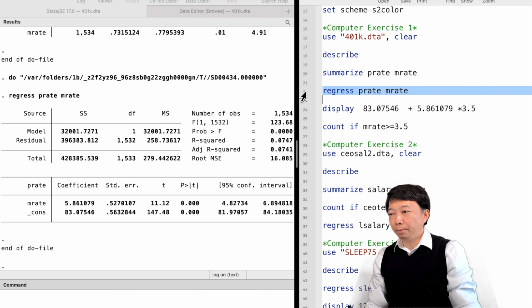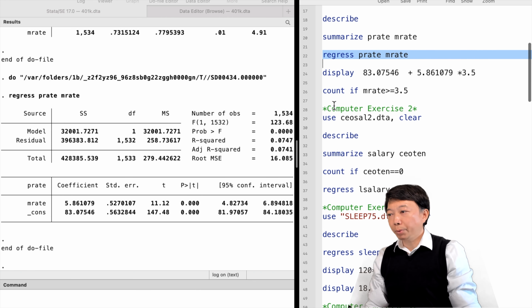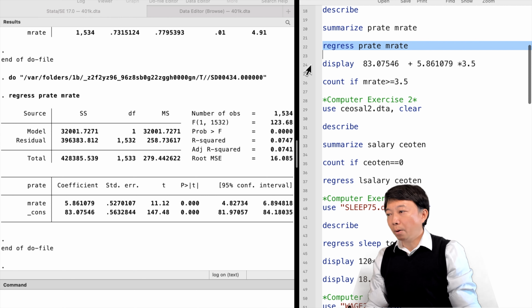The second question, we use the command regress to run the OLS regression. The slope estimate is 5.86. The intercept estimate is 83.08.